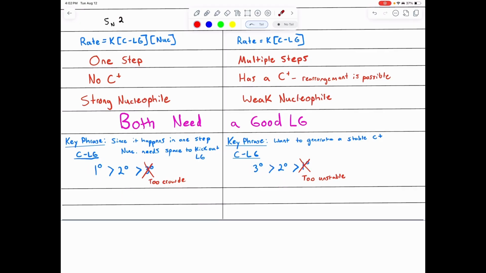We're going to start identifying what a leaving group is, what they look like, what a nucleophile is, what a strong nucleophile is, what a weak nucleophile is, and then we're going to fill in the rest of the chart. So thanks for taking that leap of faith with this. We have this comparison chart started. In the next video, we are going to do the 4 baby steps of SN1 and SN2.